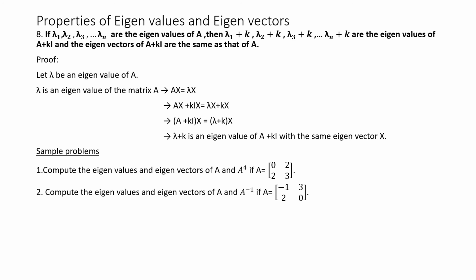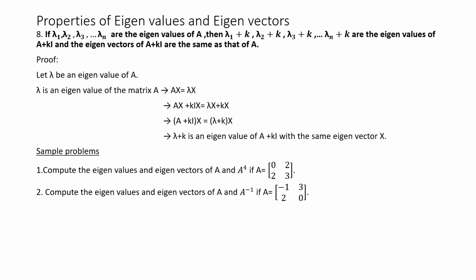So, we can compute the eigenvalues and eigenvectors of such matrices with the help of these properties. Sample problem. Compute the eigenvalues and eigenvectors of A and A raised to 4 if A equals 0 2, 3.